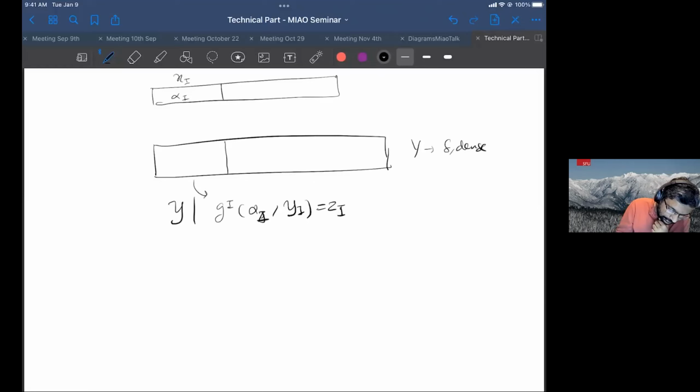So after fixing xi equal to alpha I, we also queried zi, right?